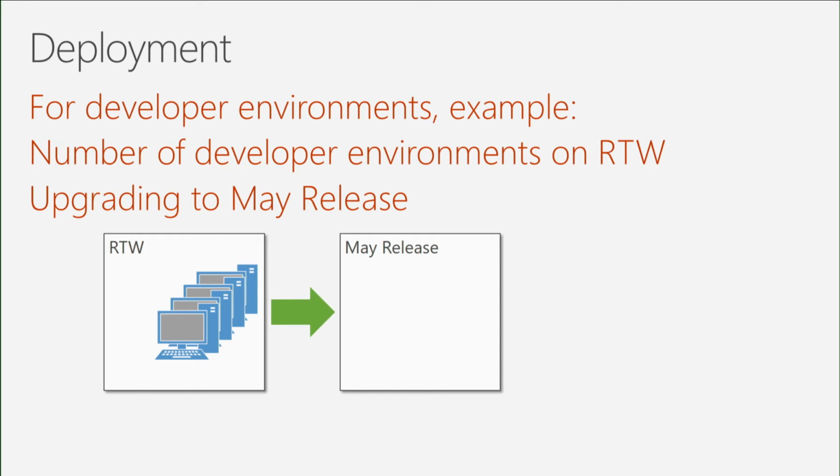For those developer machines, in the past, if it was AX 2012, people would have gone around upgrading all of the machines, especially for kernel and platform components. You would have run the install everywhere.